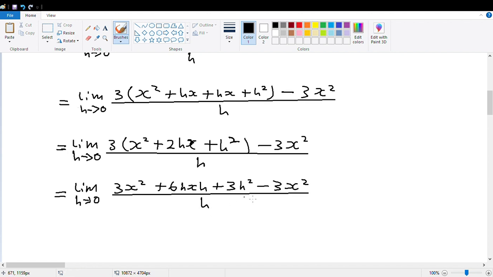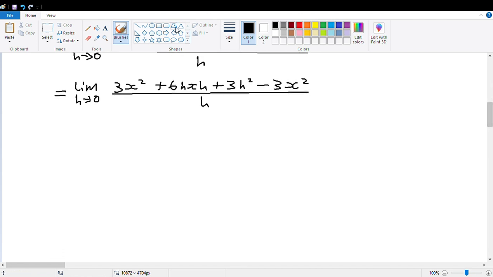So from there, like terms once more, the like terms that we have are 3x squared subtracted by 3x squared, and now we are left with the limit when h approaches 0.